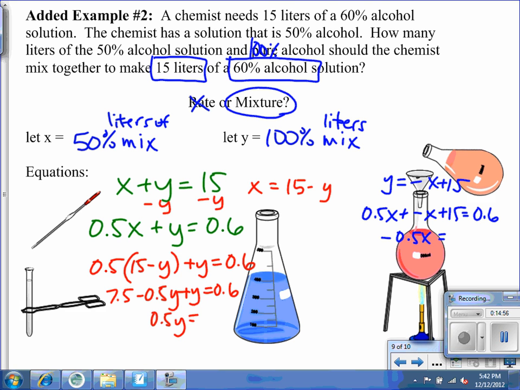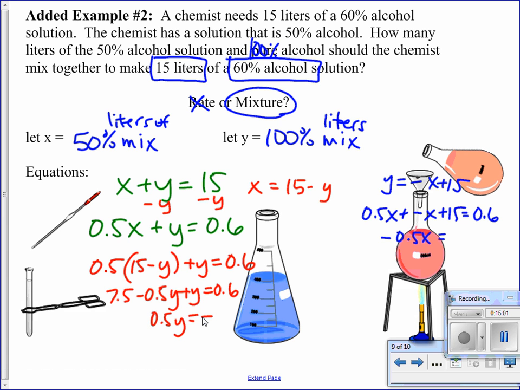So notice that this is going to give me a negative answer. So negative, what, 6.9. And there is no way to have negative 13.8 liters. So this doesn't make sense for an answer. You could even say that there is no possible way, or no solution here.